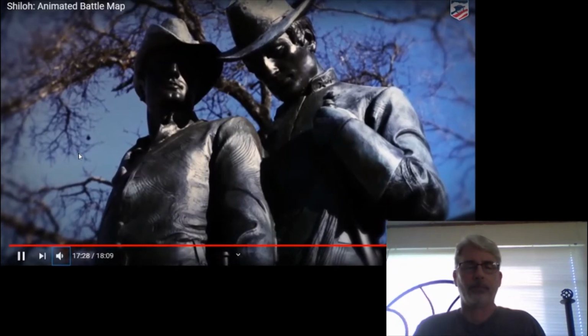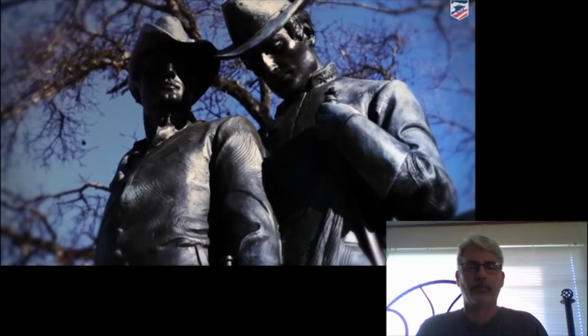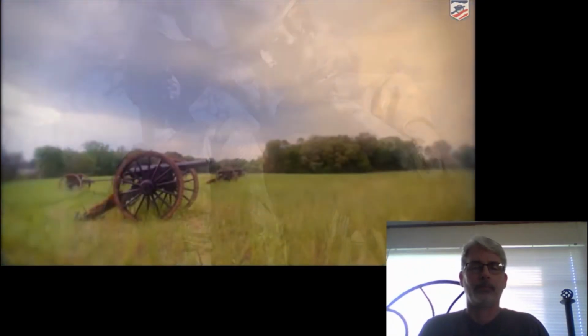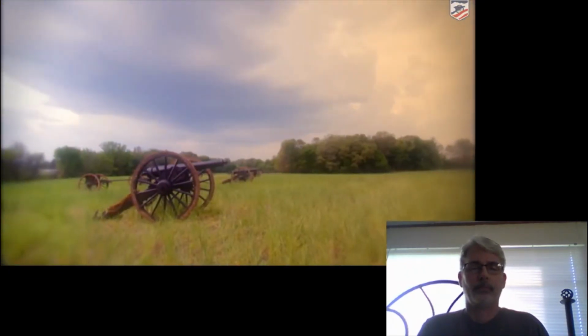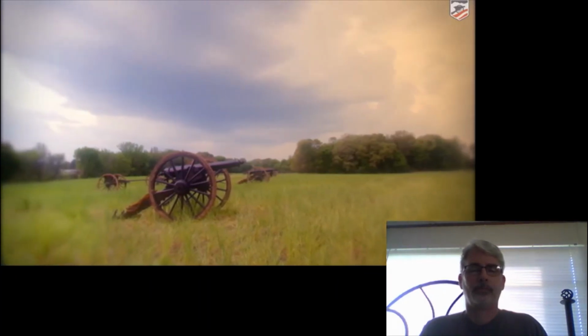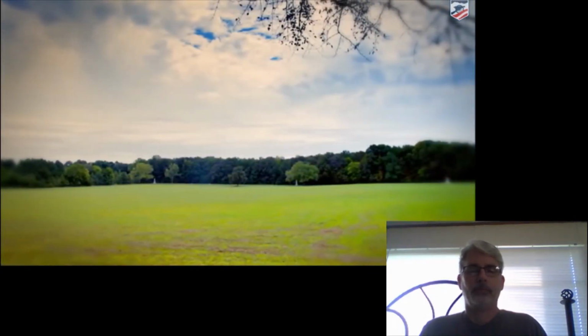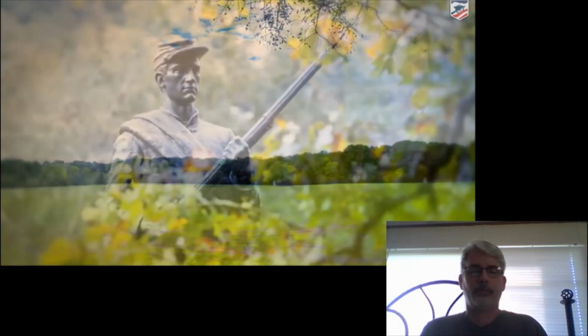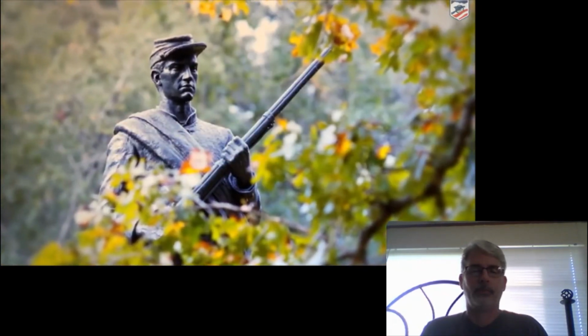Once host to two of the bloodiest days in American history, Shiloh is now one of the best preserved battlefields of the Civil War, a sprawling living monument to the sacrifices made there 150 years ago.